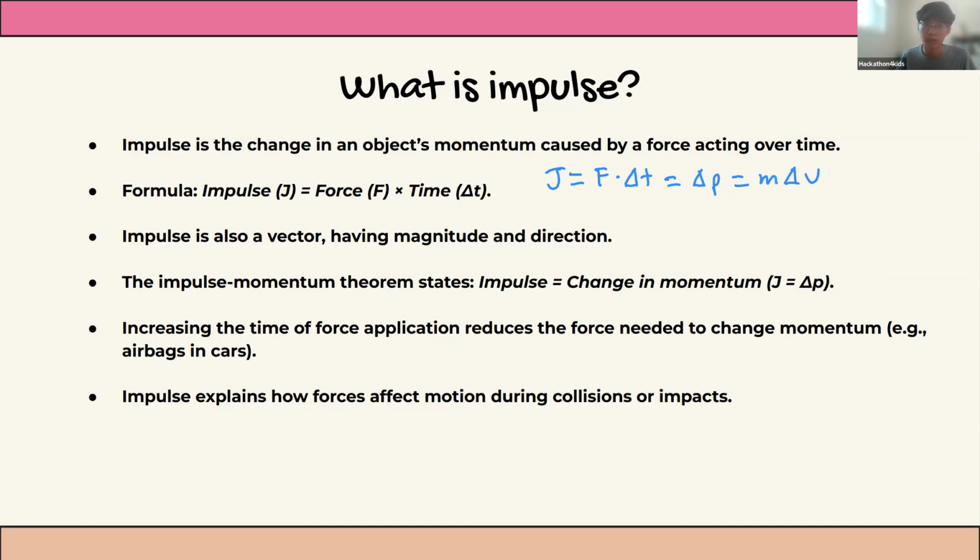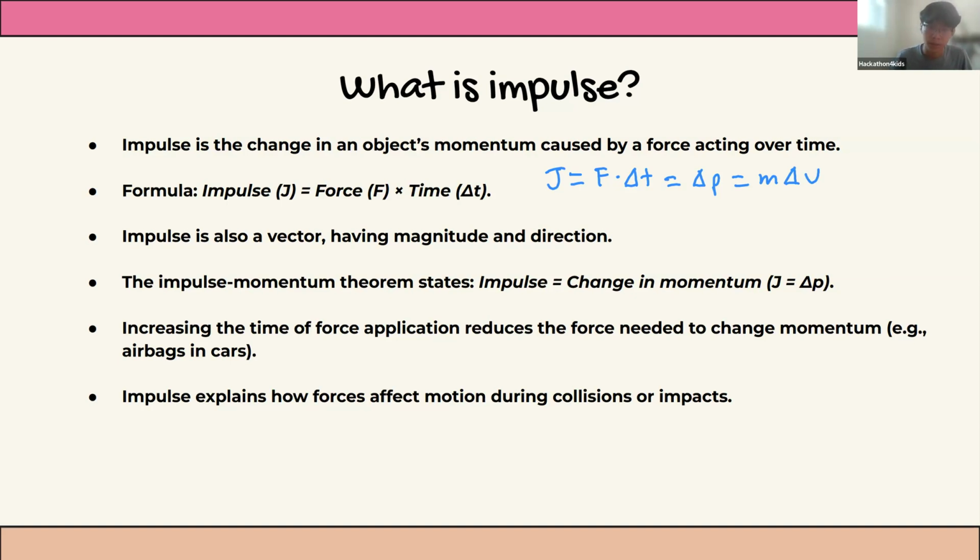It's just important to know that impulse is force times delta T, or it's also known as the change in momentum. And since impulse is a change in momentum, it also shares the same unit as momentum. If you remember, that's kilogram meters per second, or it can be written as Newton seconds.